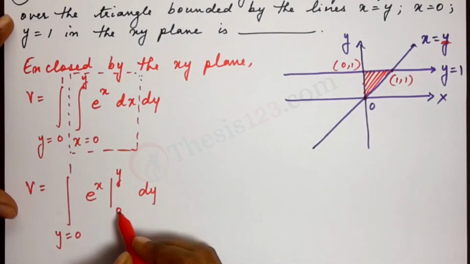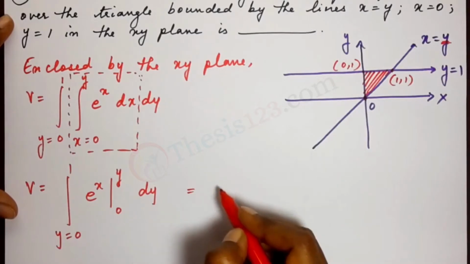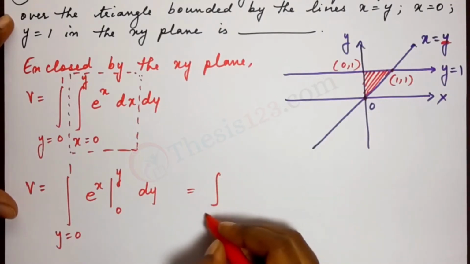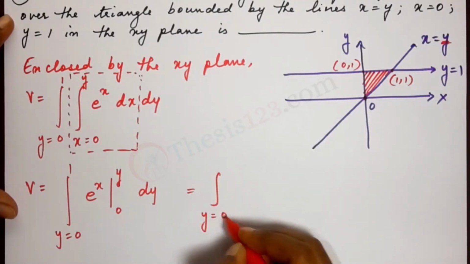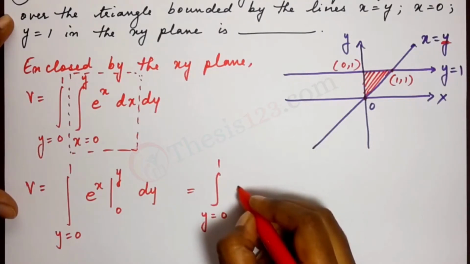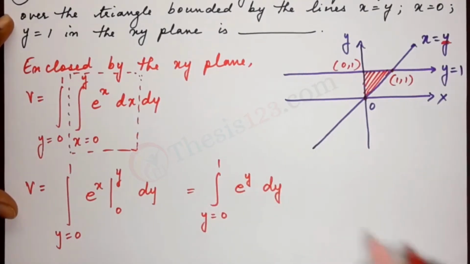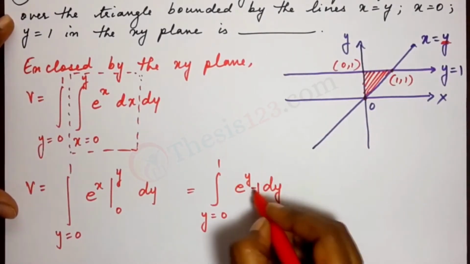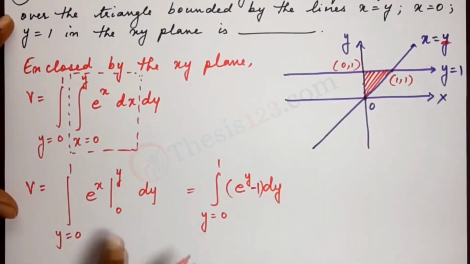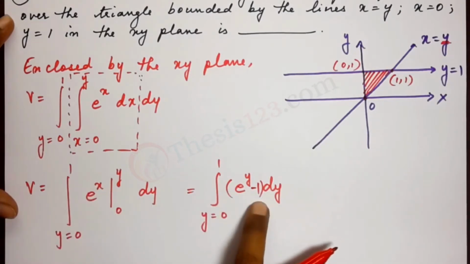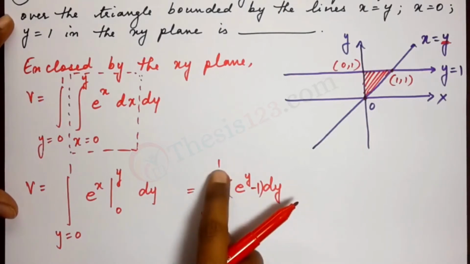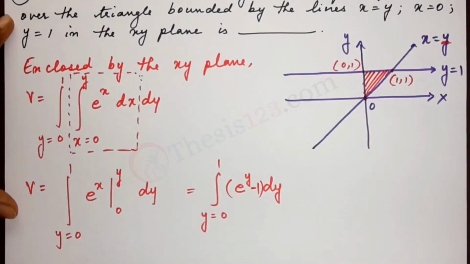So we have our limits 0 to y. Now let's substitute the limits. What do we have? We have e^y minus 1, because e^0 is 1. So our expression now is the integral y equals 0 to 1 of (e^y minus 1) dy.